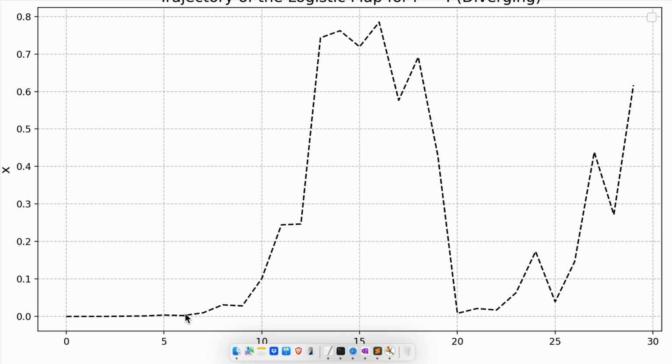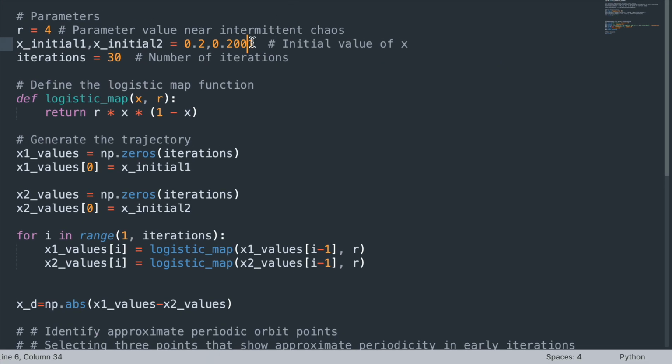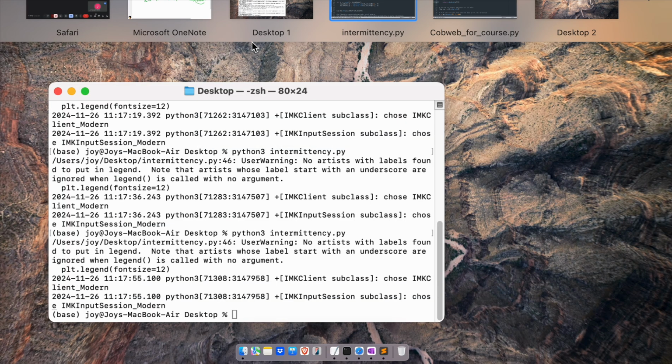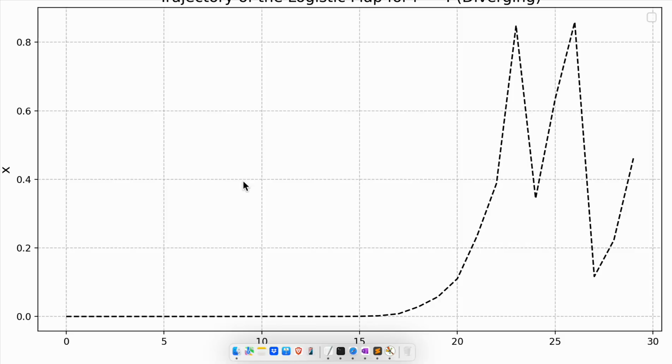After 5-6 iterations, it starts to diverge very largely. Now let's see the next case, and we expect it to remain close up to 15 iterations, then start deviating very largely.